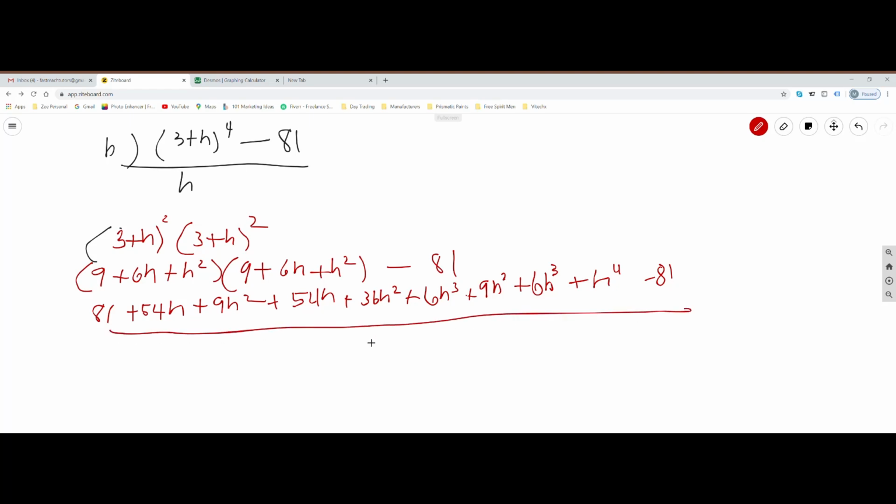This is all over h, so the 81 and 81 cancel.